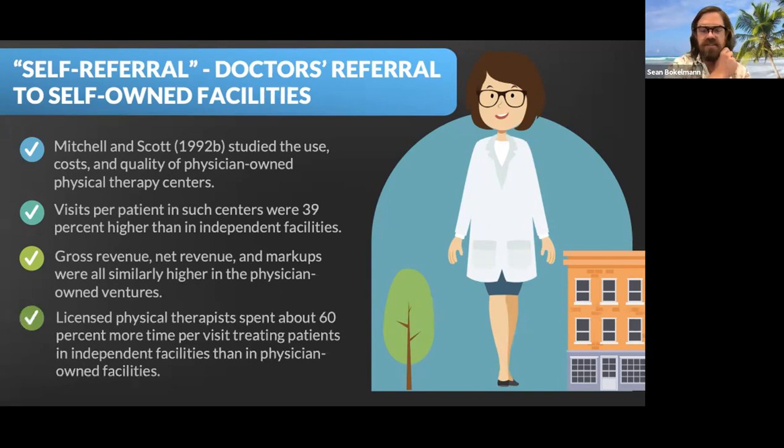Another finding from this study was that licensed physical therapists in the independent facilities spent about 60% more time treating their patients compared to the physician-owned facilities. So the independent facilities were spending more time with their patients, which we could take as an indication of higher quality, right? So again, those physician-owned facilities provided lower quality than the independent ones. So same findings again.